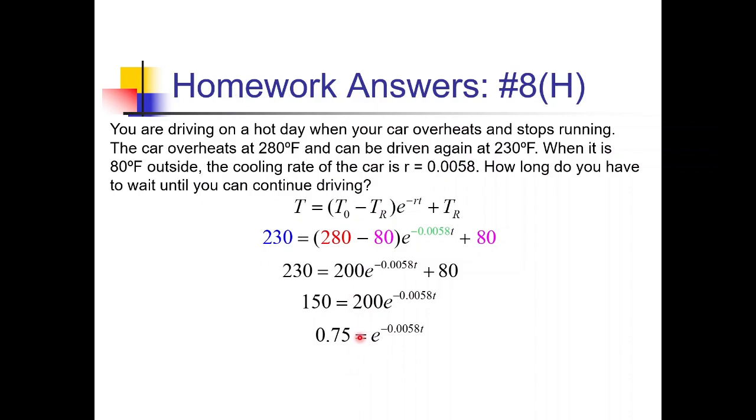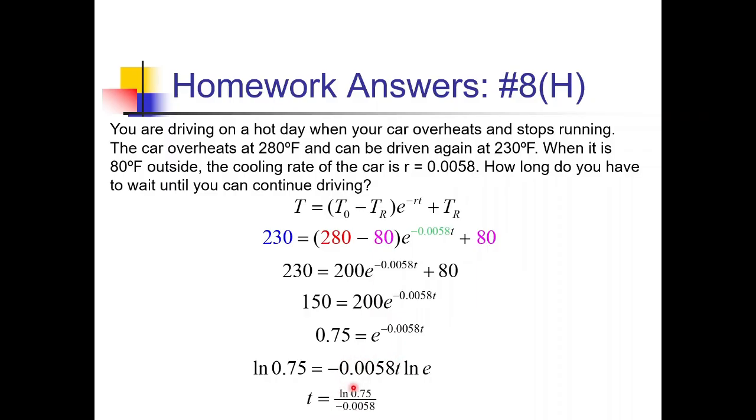And then to get rid of the e, I'm going to take the log of both sides. I'm going to use ln because it works better with e. So I'll have ln of 0.75 equals negative 0.0058t times the ln of e. ln of e is just 1, so when I get t by itself, I really just have to divide by this negative 0.0058.